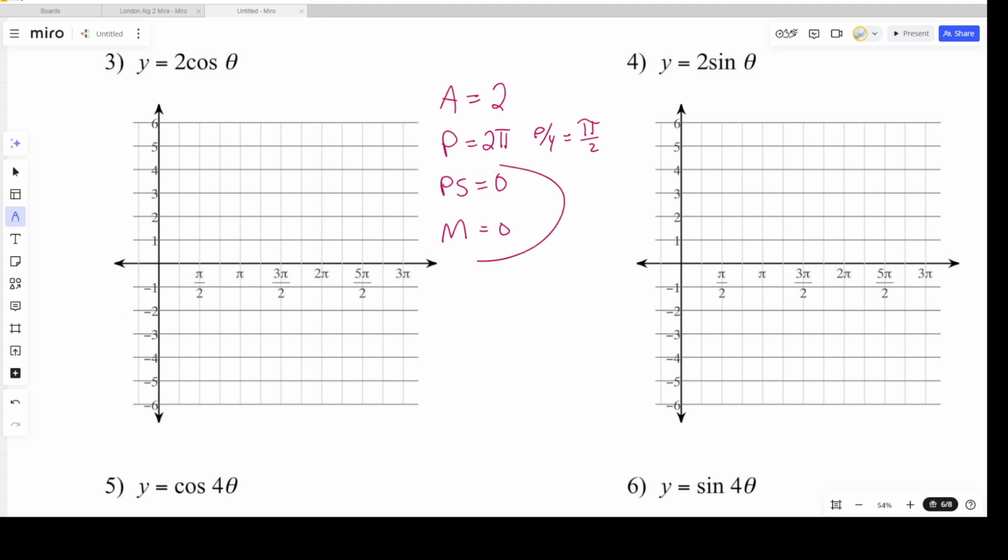So start by plotting that point, and I'll start forming my box. Go up 2, down 2, then go right by the period. And I'll mark in the quarter periods. Because it's cosine, I know it starts high, then middle, low, middle, high.